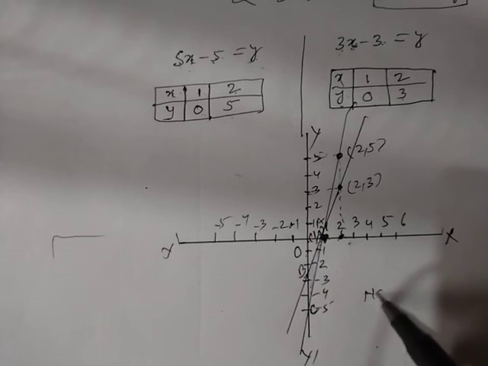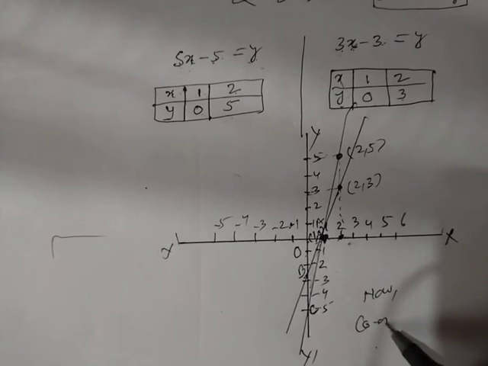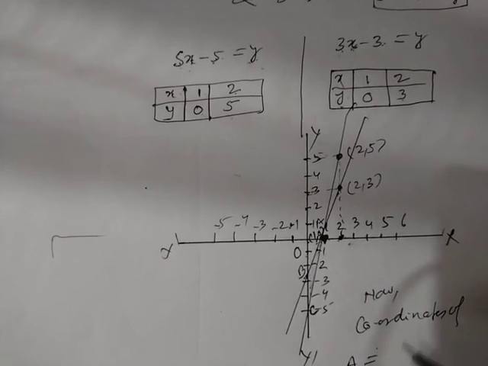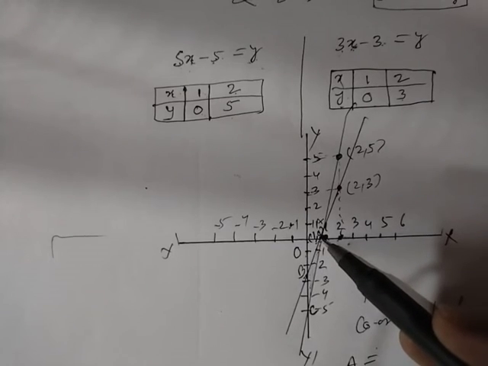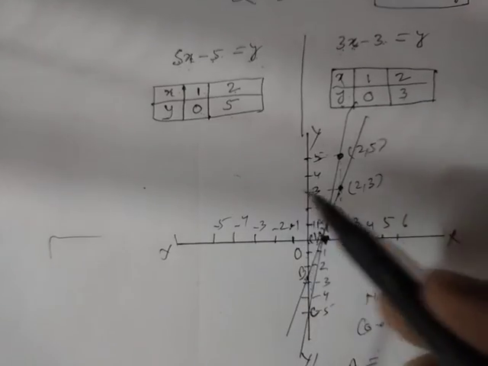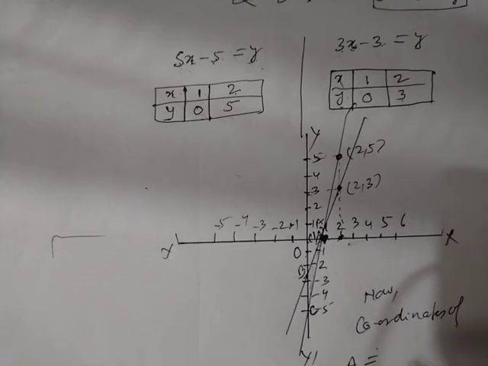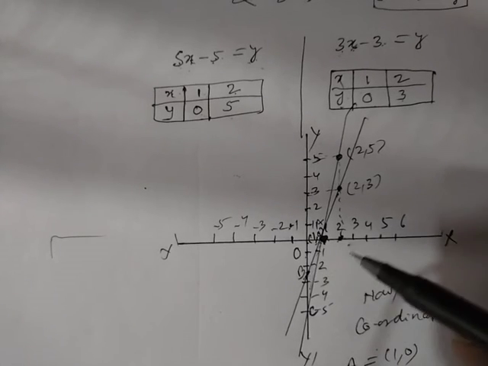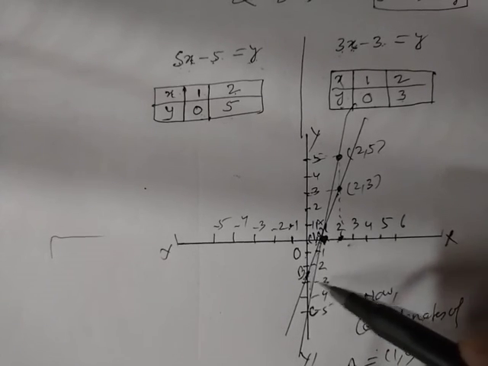Now coordinates of A. Coordinates of A, you see, are (1, 0), that is 1 point. Now coordinates of B, that is here, you see where it touches.